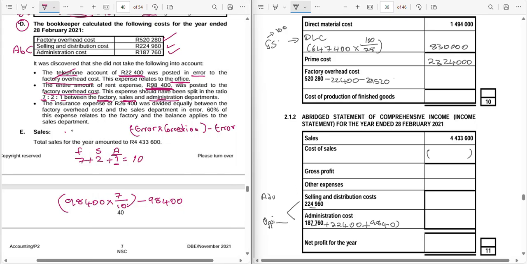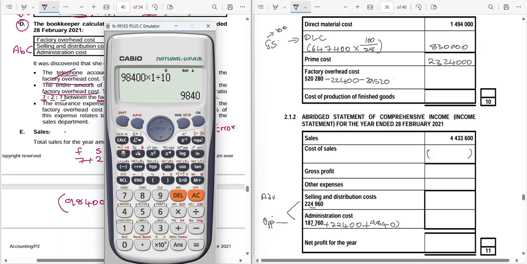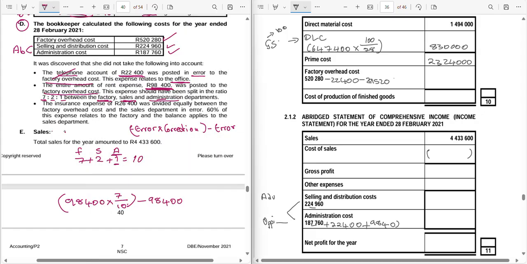Now, let's see about selling and distribution. We give what? 5, right? All right. Get the other amount. Okay.